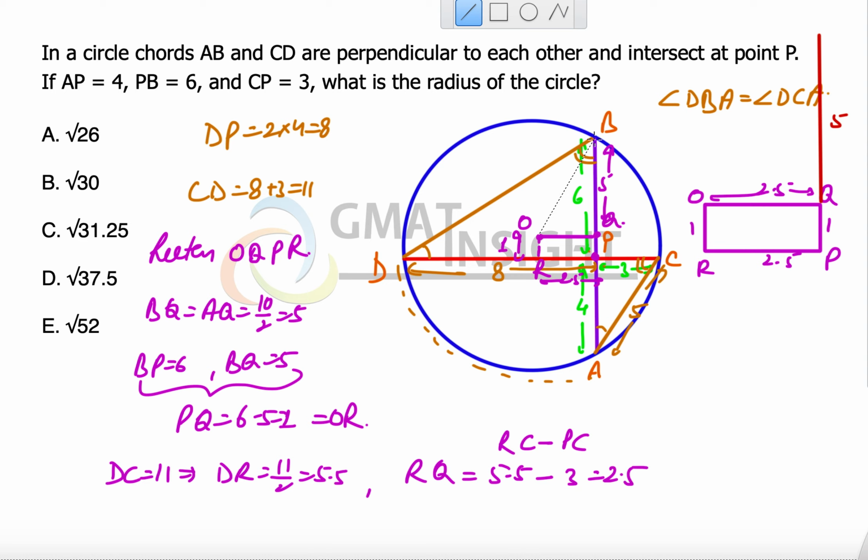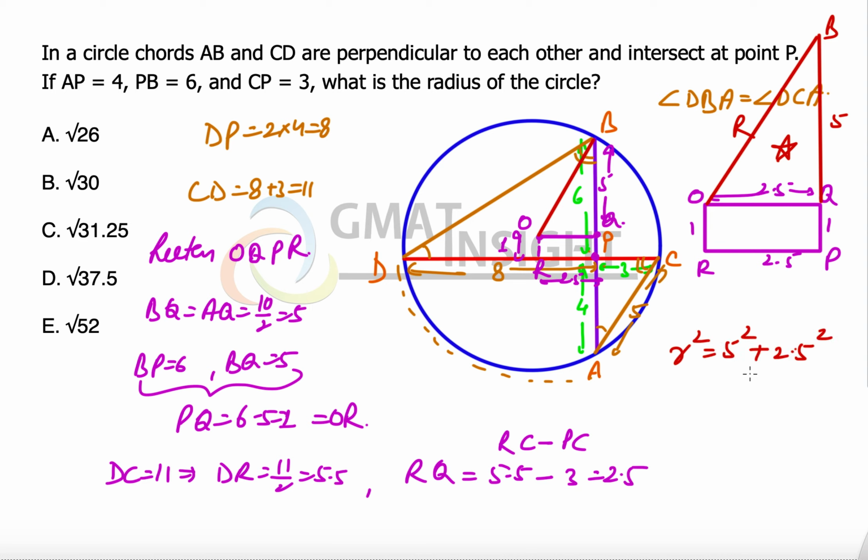Then OB is a line like this, and this line is the radius. Now we have a right triangle here where r squared should be equal to 5 squared plus 2.5 squared. Now we simply have to simplify this: 25 plus 6.25, so r becomes the square root of 31.25. And this way we have our answer, which is option C.